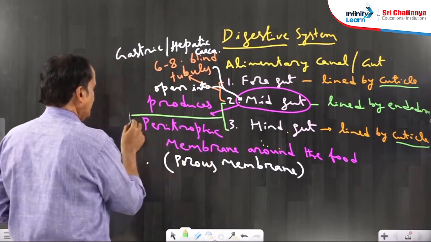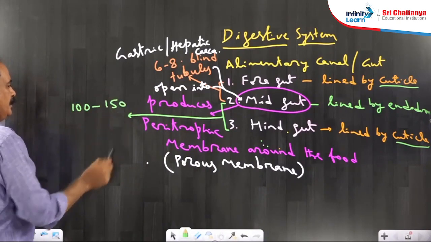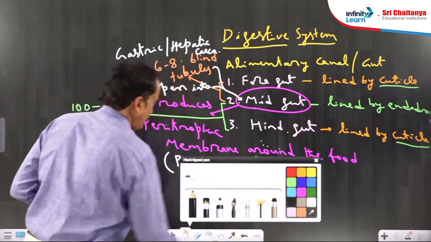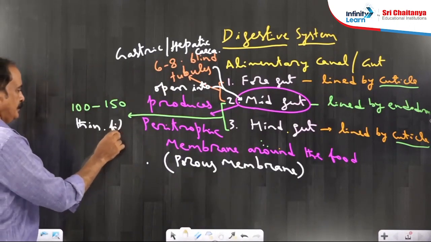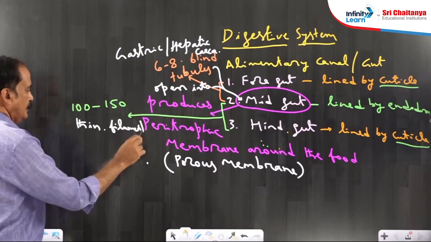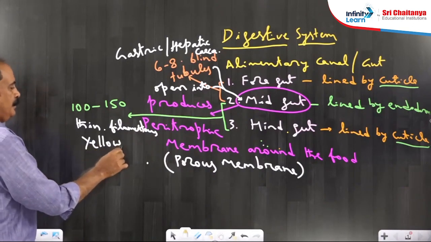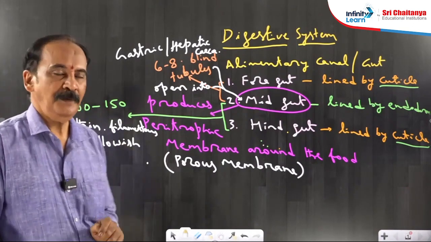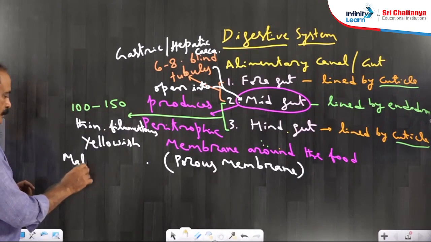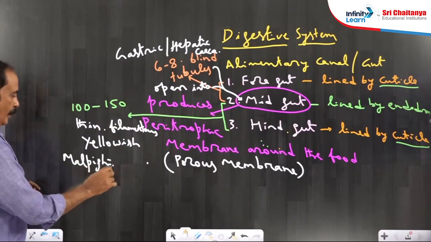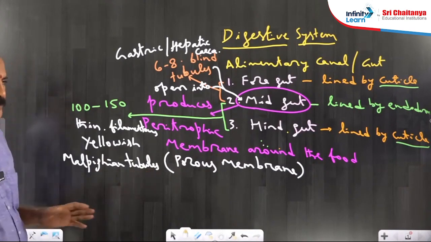At this junction, the cockroach has 100 to 150 thin, filamentous, yellowish colored structures named the Malpighian tubules. These Malpighian tubules are present in around 6 to 8 bundles.